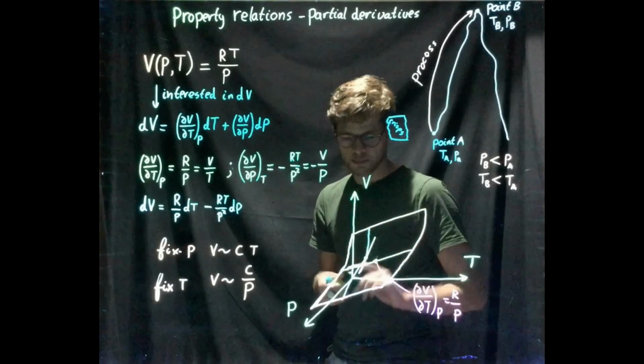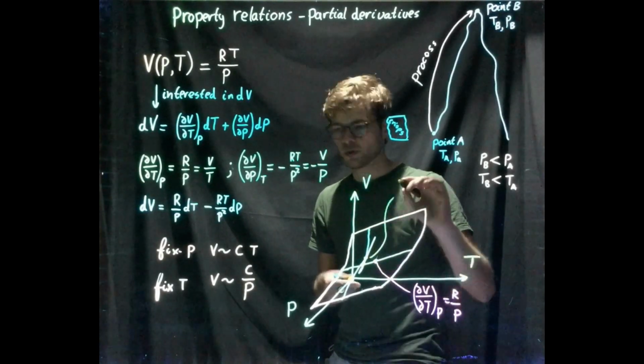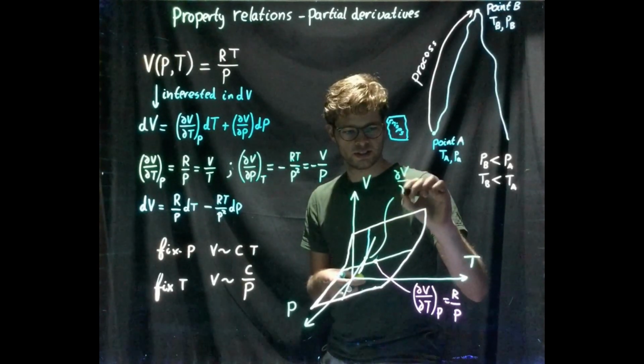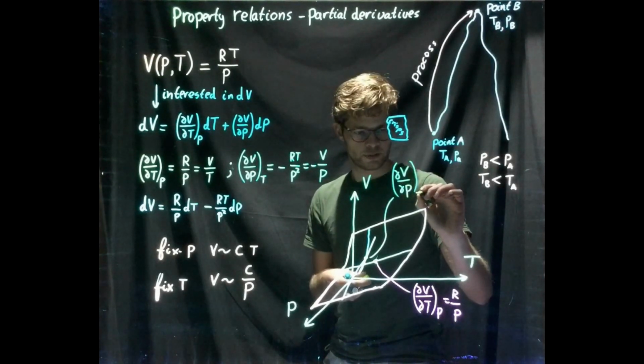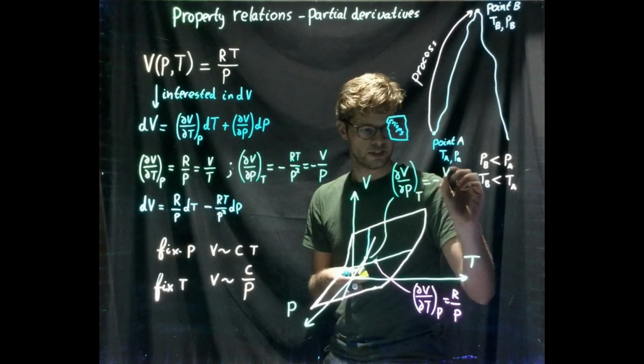It will describe the rate of change, and my derivative at this point will be dV over dP for a fixed temperature, and it will be equal to minus V over P.